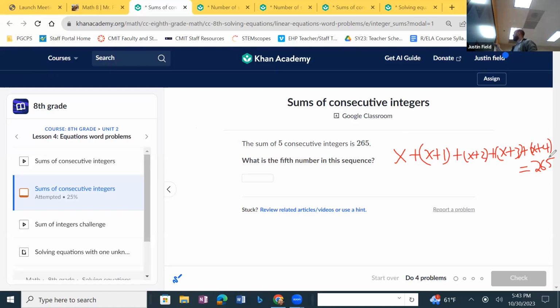Okay, so there's our 5 numbers. 1, 2, 3, 4, 5. How many x's do we have? 5 x. So however many numbers there are, that's your coefficient for x. And then add those constants together. 1 plus 2 is 3. 3 plus 3 is 6. 6 plus 4 is 10.